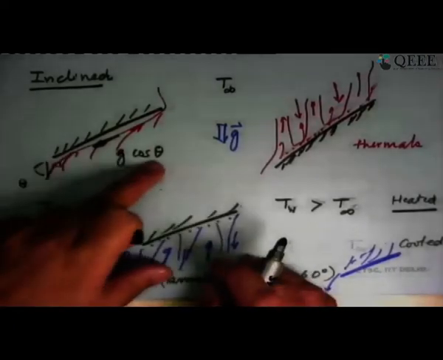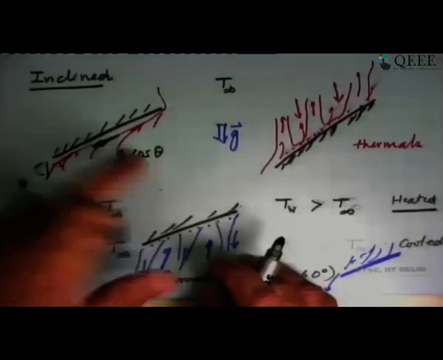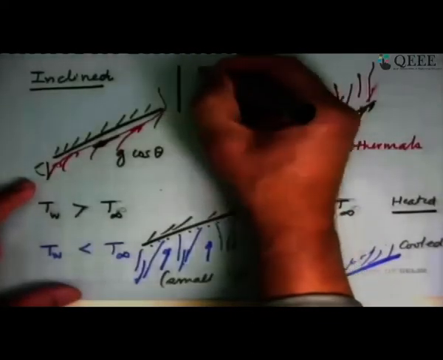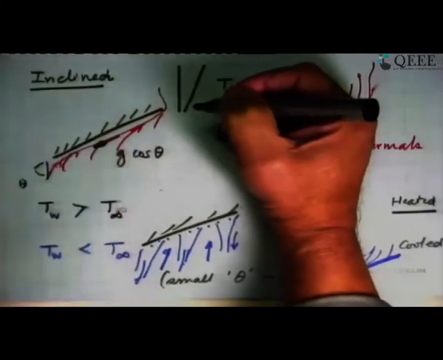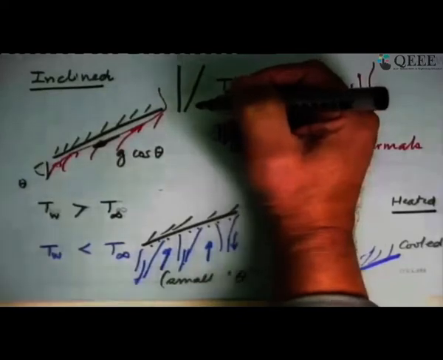Obviously this approximation is good if theta is not too large. So if the plate is vertical and it is inclined by only say 10 degrees, g cos 10 gives a reasonably good estimate of heat transfer from the plate. This answer is okay as long as theta is less than 60 degrees.